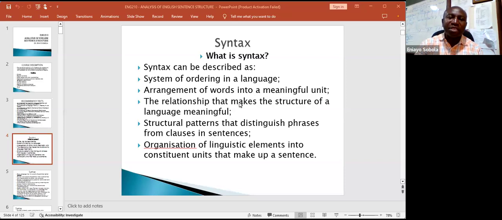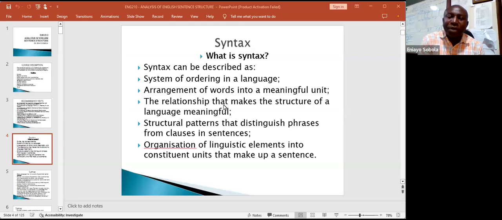The next point is that it can be referred to as a relationship that makes the structure of a language meaningful. Syntax could be referred to as that relationship among words, among phrases, among clauses in their structure. Which word should come first? Which one should follow?